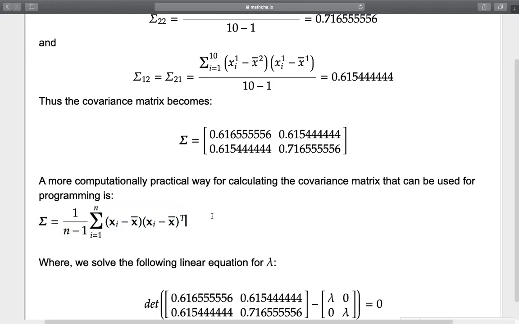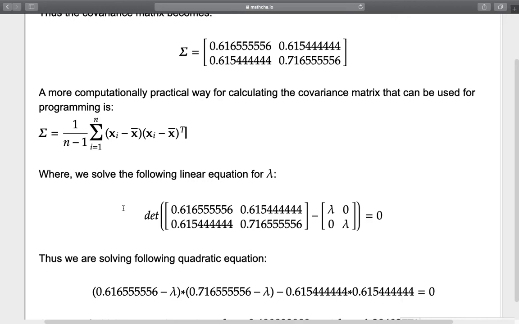However, with modern libraries like NumPy, you can use 3 or 4 lines of simple code for calculating this covariance matrix. Then we will need to solve the linear equation for lambda, which is the determinant of our covariance matrix minus I times lambda, that's this matrix.